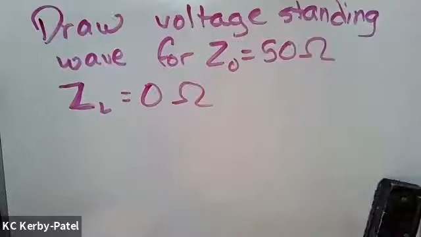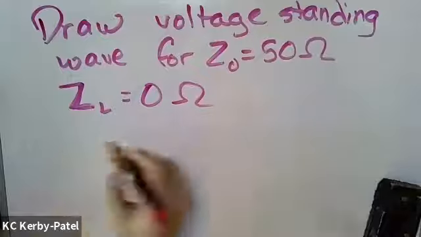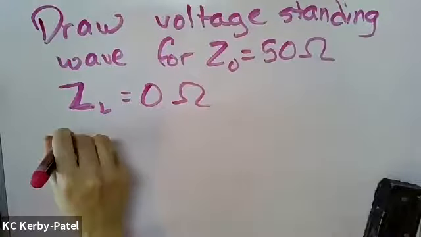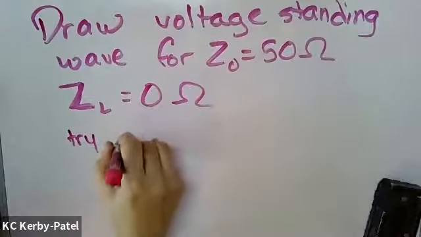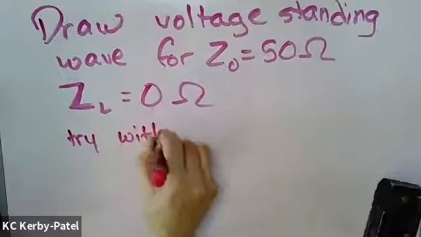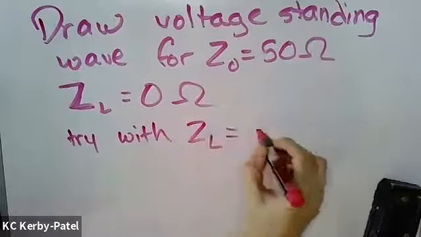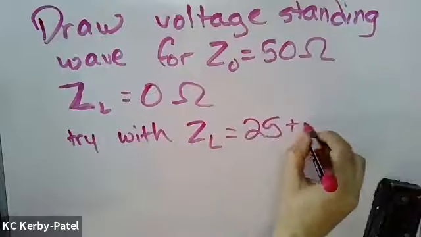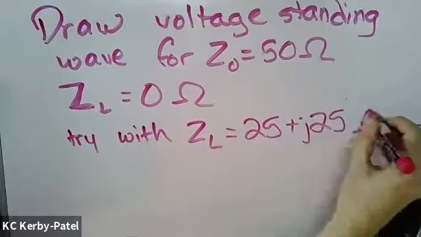That might take you the whole rest of the time, or if you're really on top of things, you can also try with a different load impedance, ZL equals 25 plus j25 ohms.